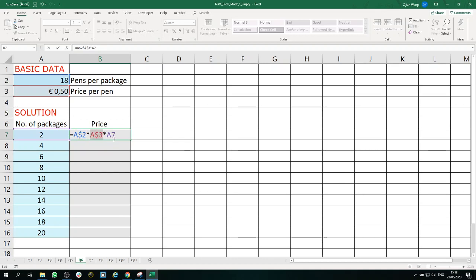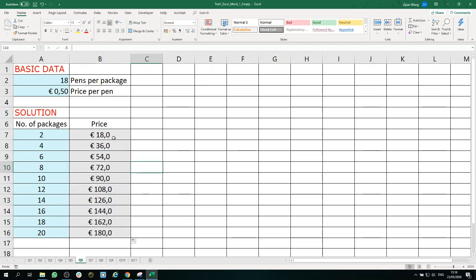That's a sign for us to lock the row. And now we have all the prices. This is the formula. That formula should be the answer. Not losing it by pressing enter.